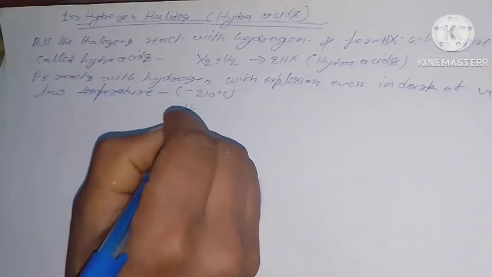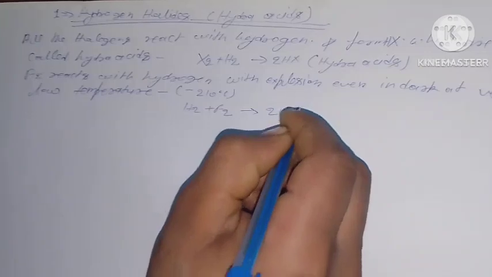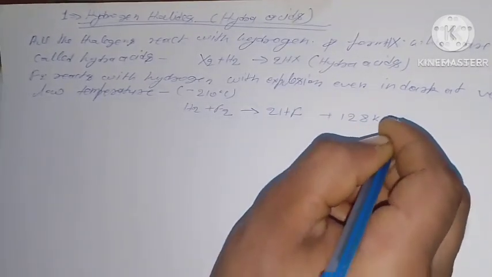Hydrogen plus fluorine makes hydrogen fluoride plus 128 kilocalories of energy.